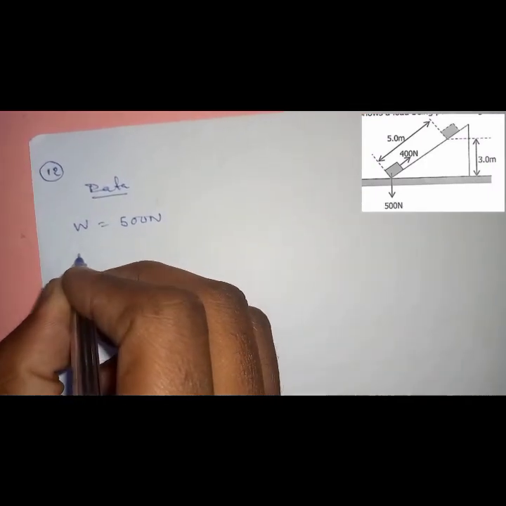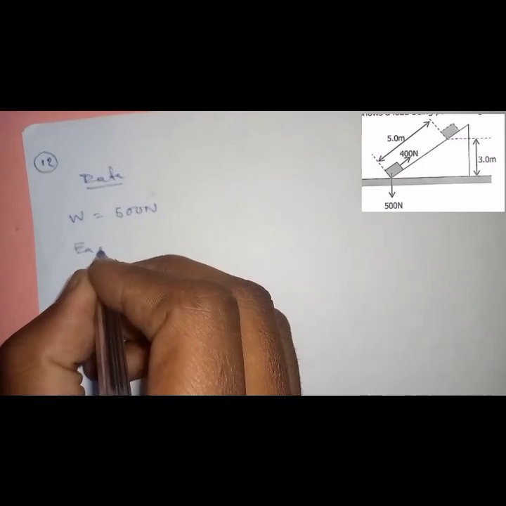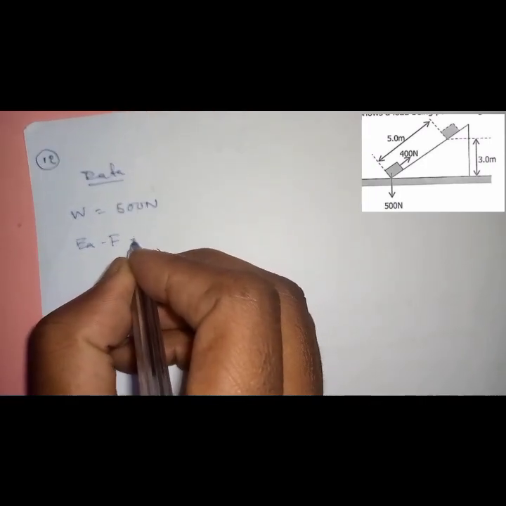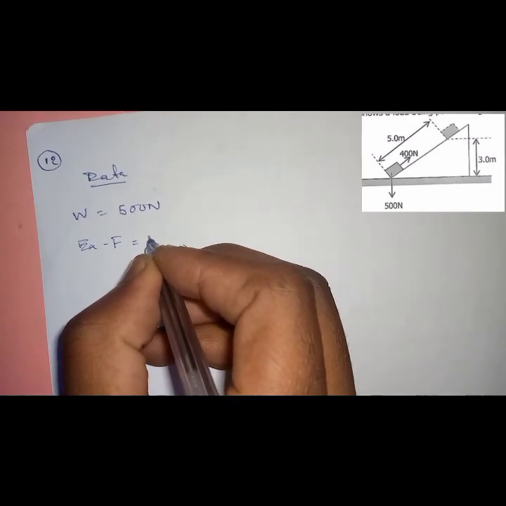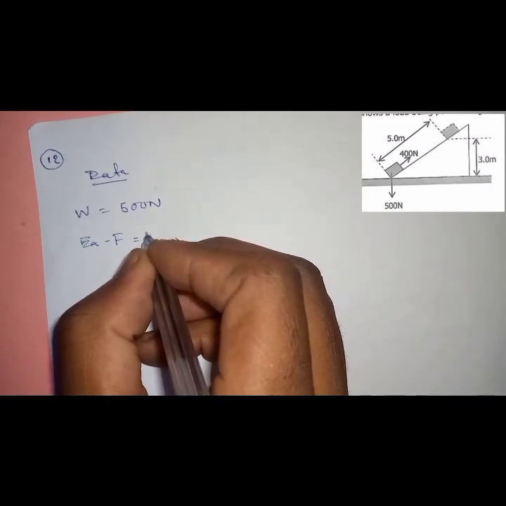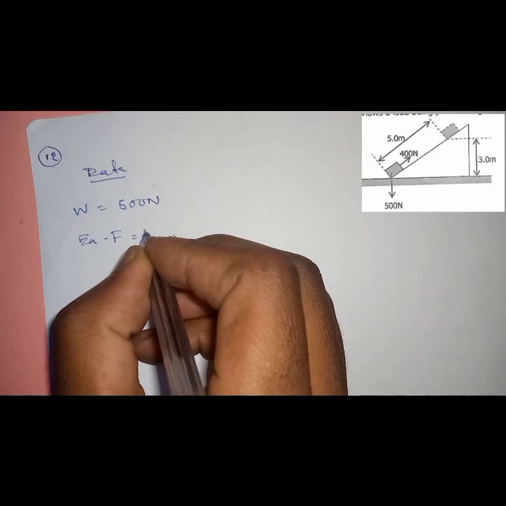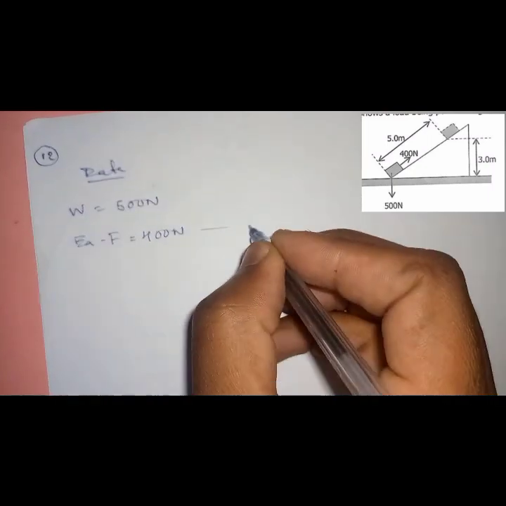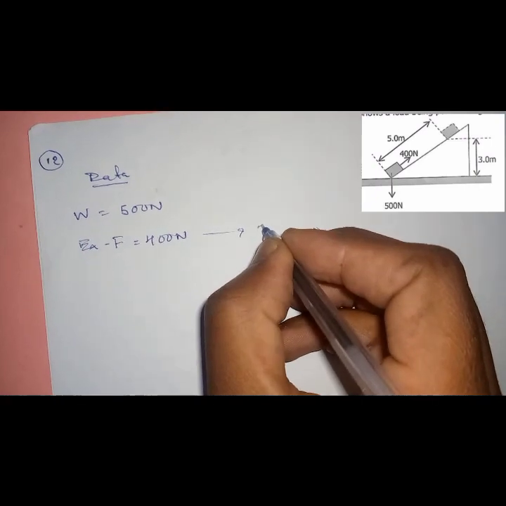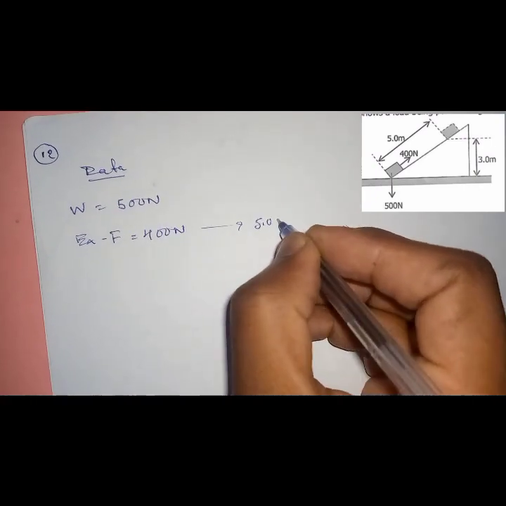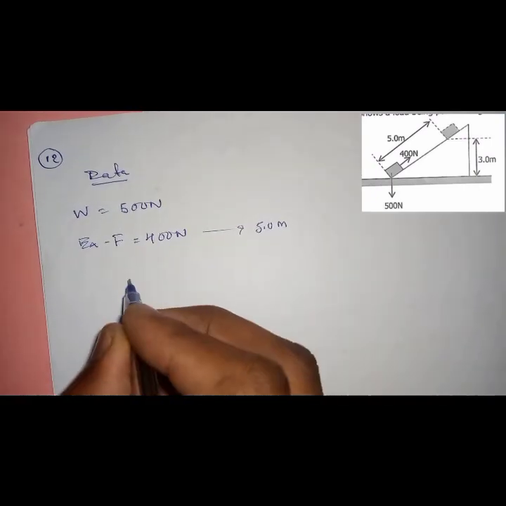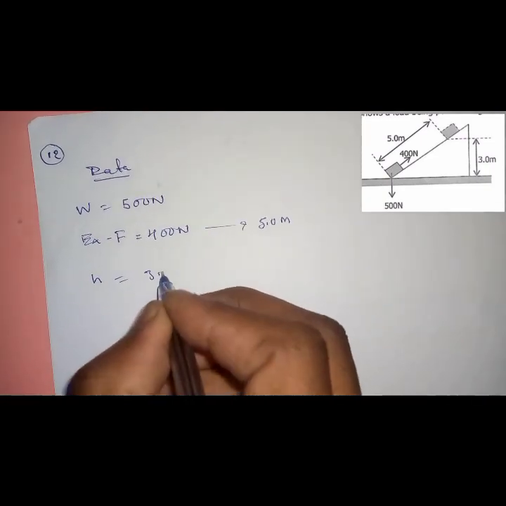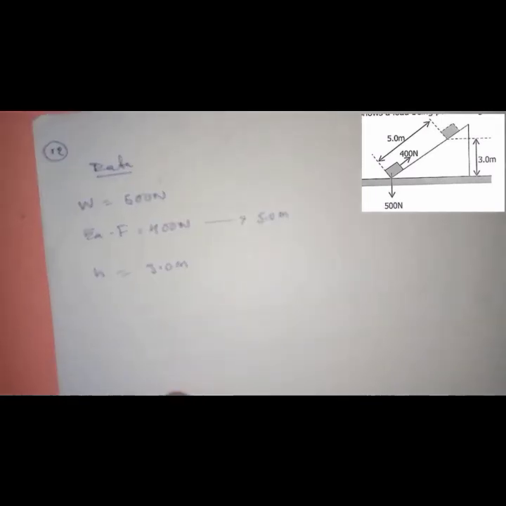Then we have also the exerted force, or force applied on the object that is causing it to move that distance of 5.0 meters. That is 400 newtons. Then the height happens to be 3.0 meters.